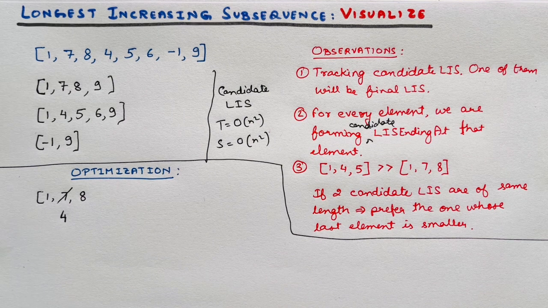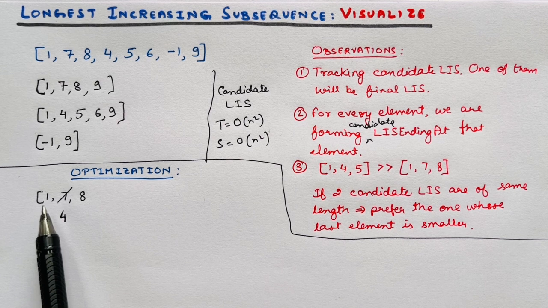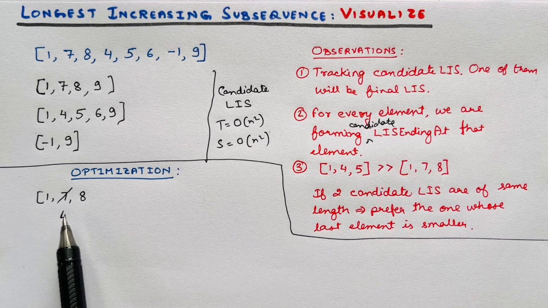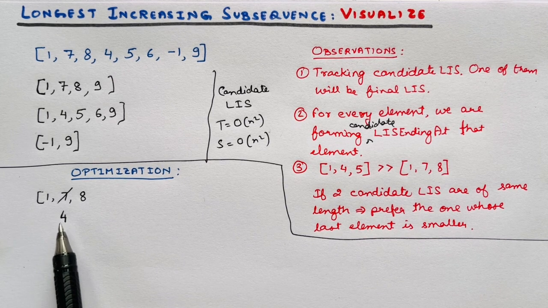Now let us see what this array denotes. The array now has 1, 4, 8. Now the first element denotes that there is a best LIS of length 1, which ends at 1. There is a best LIS of length 2, which ends at 4.